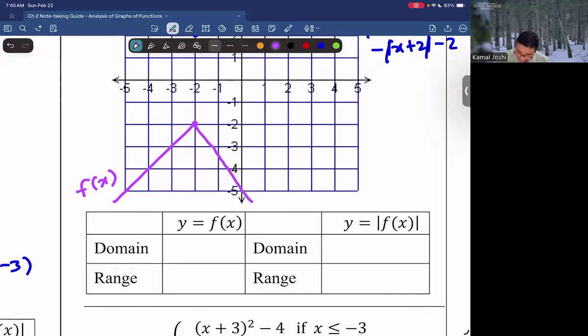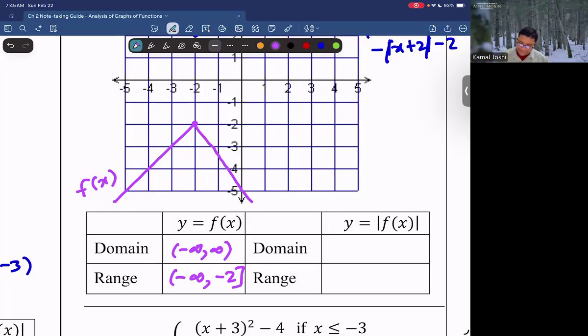In the violet one, what do I see? Its domain is, of course, going to be minus infinity to infinity because nothing is stopping it from horizontally expanding. But the range is more towards negative and stops at minus 2.